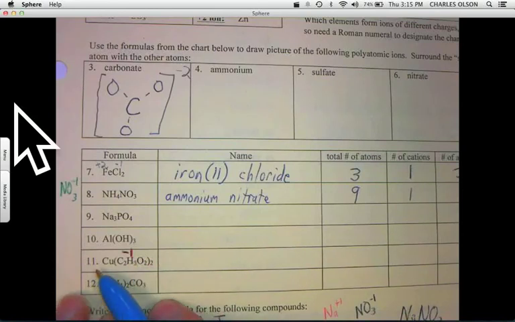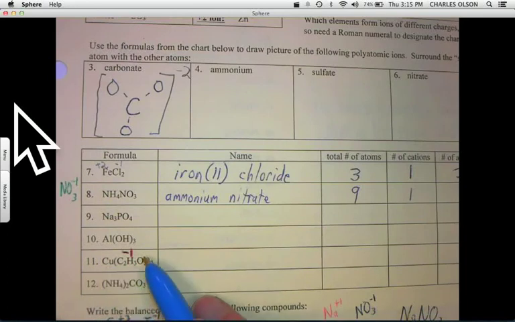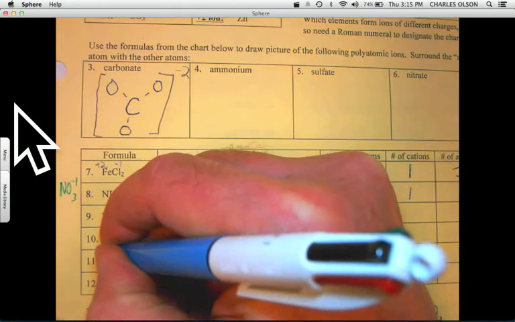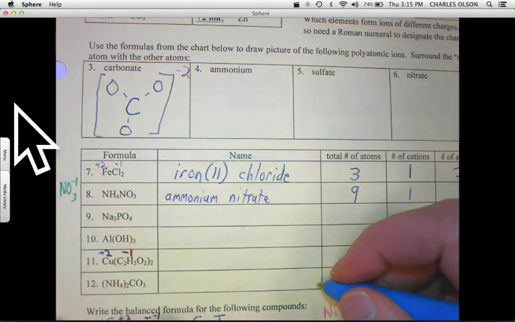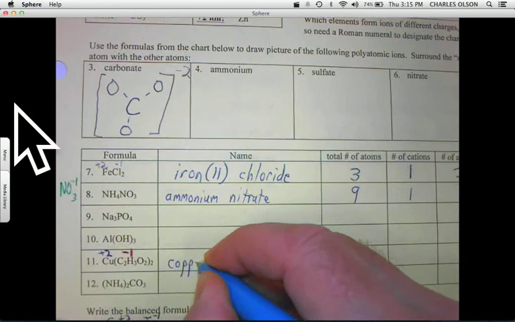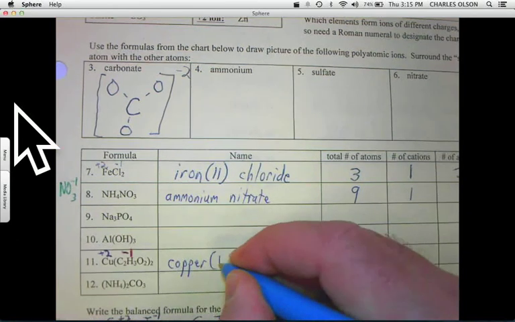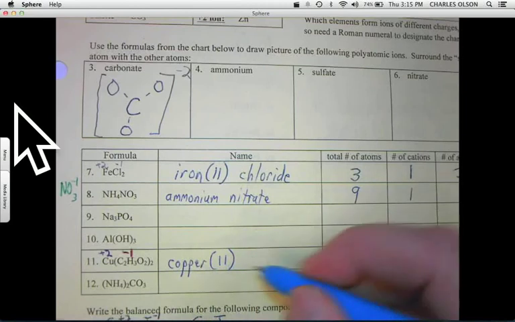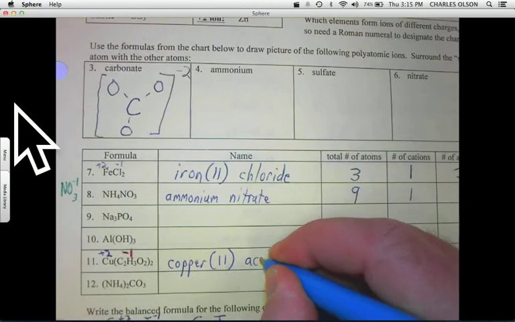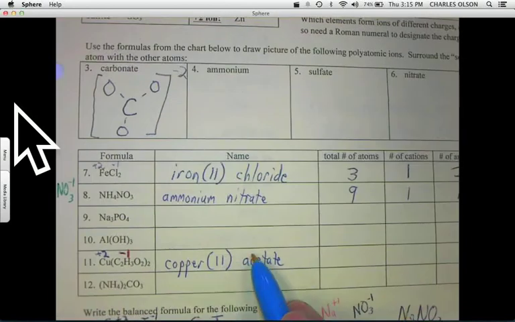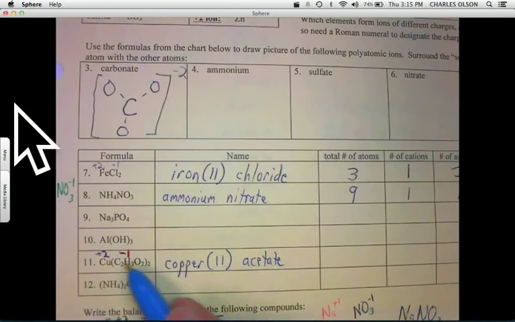Because the charges always have to be balanced, the two -1s are balanced by a copper +2. Copper +2, whose name is copper, parentheses, Roman numeral 2, space, and then the anion is acetate. Copper 2 acetate is the name that goes along with this formula.